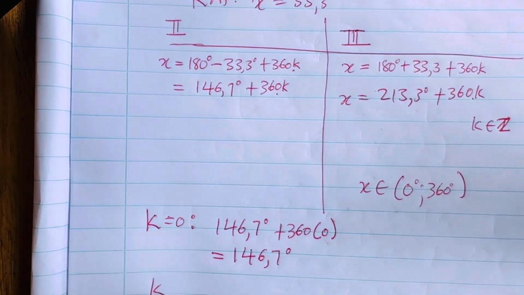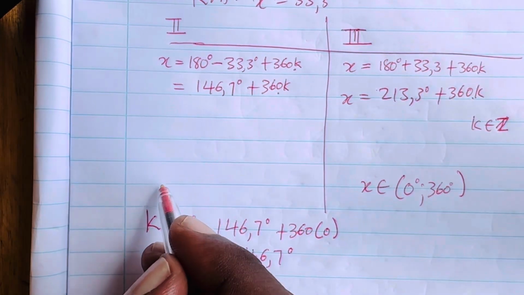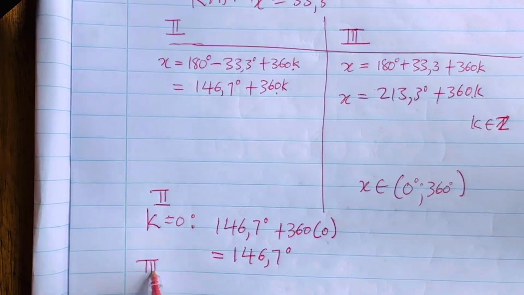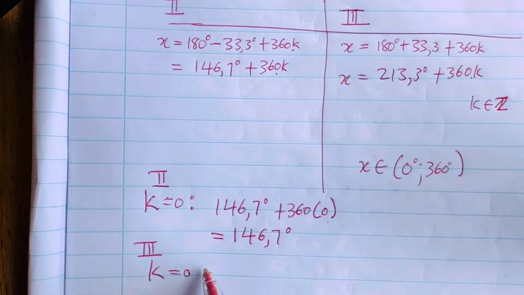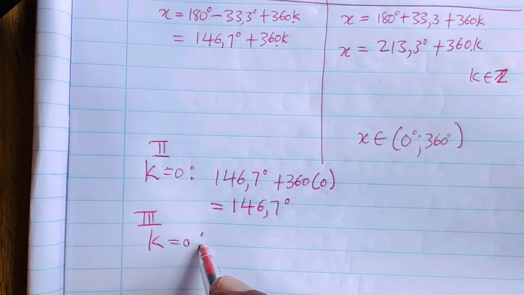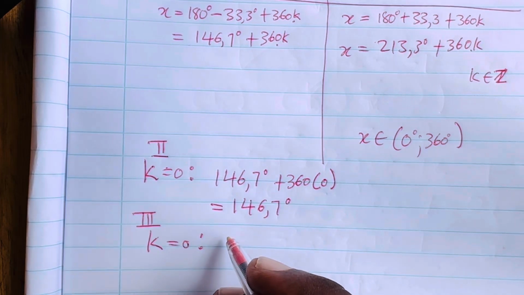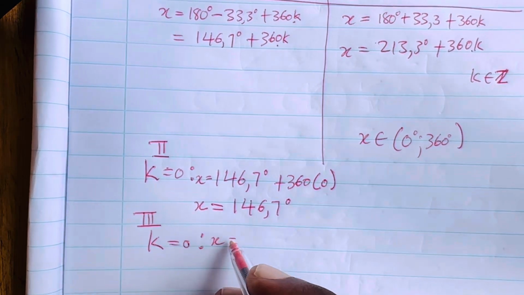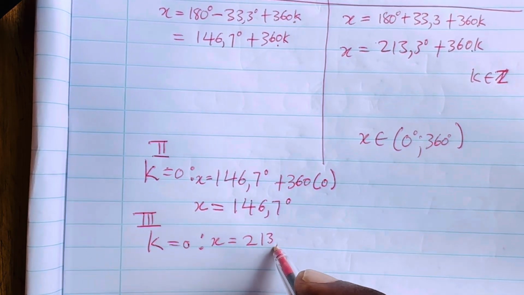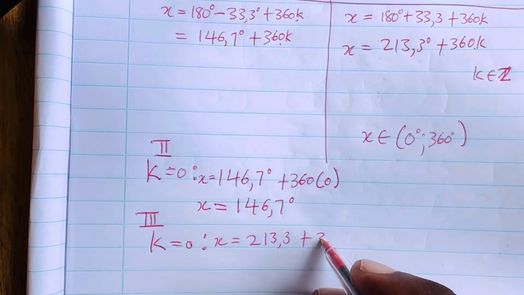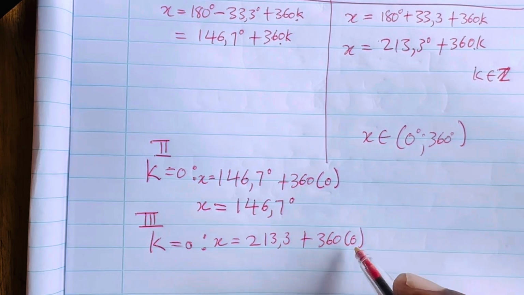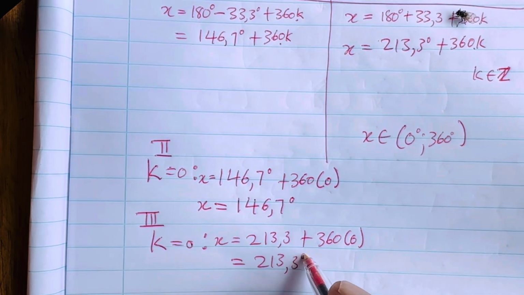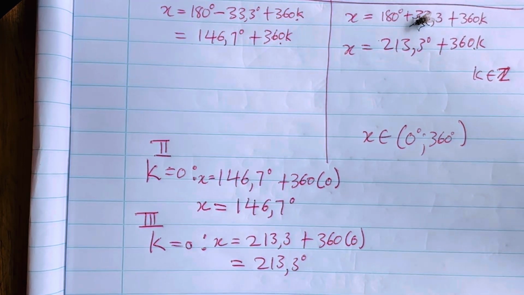This is for the second quadrant, and for the third quadrant, with k equals 0, x is equal to 213,3 plus 360 multiplied by 0, which is 213,3.